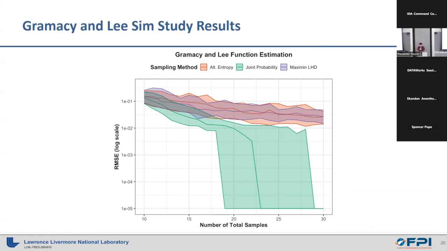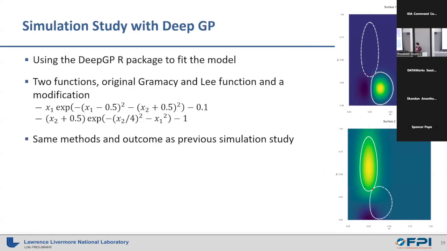This was actually a really interesting case when we were looking at things before. For the entropy criteria in this case, there's a very small region. If you look at the one on the bottom, the surface one, there's only a small region where you have values that are above the contour line.